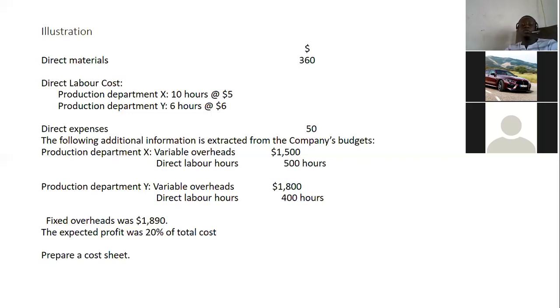Our fixed overheads was $1,890. The expected profit was 20% of total cost. Prepare a cost sheet. That is the requirement. You're supposed to prepare a cost sheet.